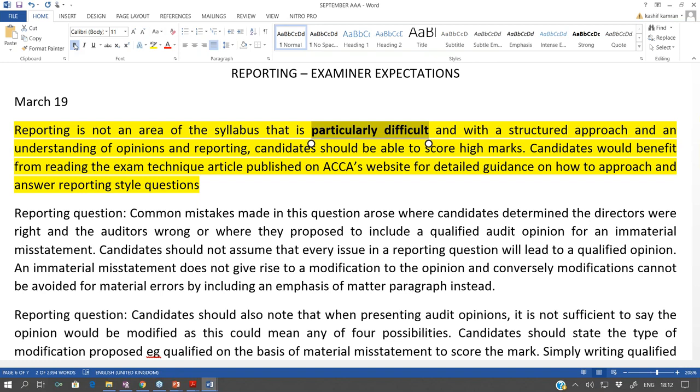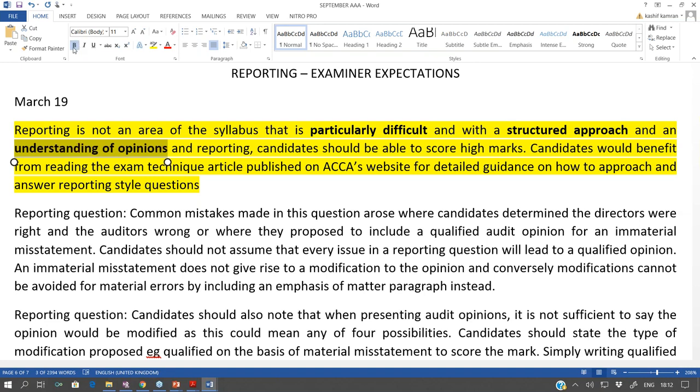So the examiner thinks that you should have a structured approach towards reporting, and you should have an understanding of the opinions so that you can score high marks here. The examiner says this is not a difficult syllabus area, and I'll be proving that in the next 3 hours. Indeed, it needs a structured approach to score very high marks on reporting.